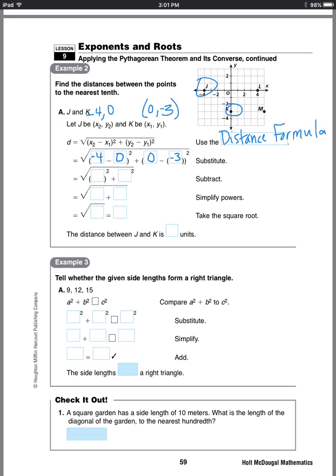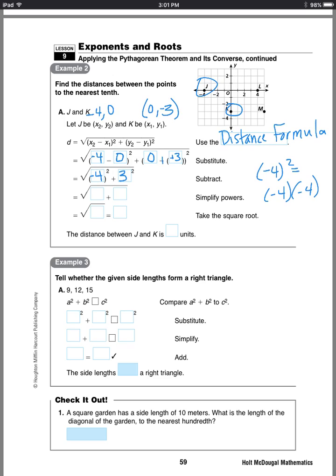Okay? Now we're going to subtract. -4 minus 0 is still -4. And on this next one, we have two negatives, so those are going to change to a positive, and 0 plus 3 is 3. Now we're going to simplify. -4 squared is equal to -4 times -4.